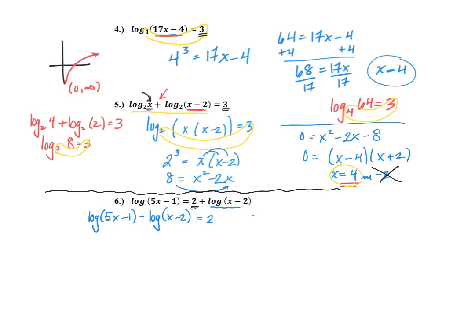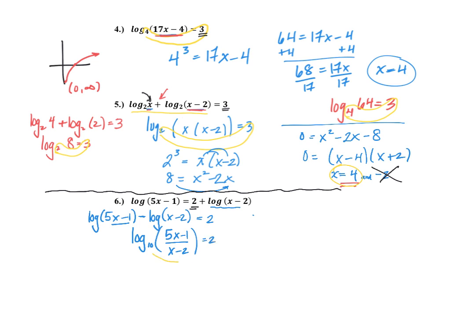To write that as a single log, since these are subtracted, it's a difference of logs, I'm going to use division. Now, if you'd like to write the base 10, you can. If you don't, then leave it out. The first argument, that 5x minus 1, that's going to go in the numerator. And the second argument, that x minus 2, is going to go in the denominator. And now that's equal to 2. I wrote it as a single log.